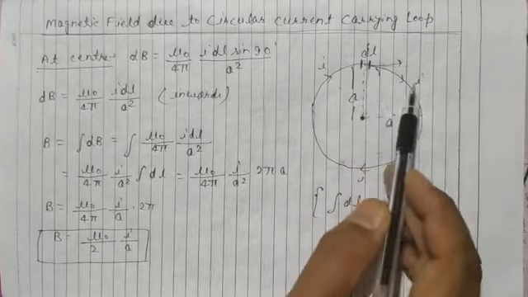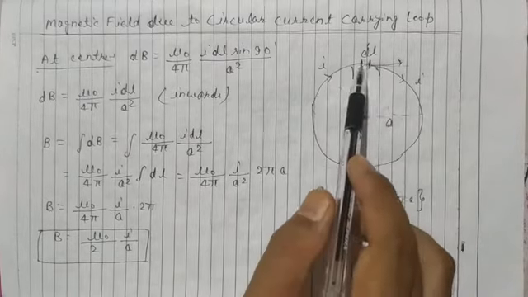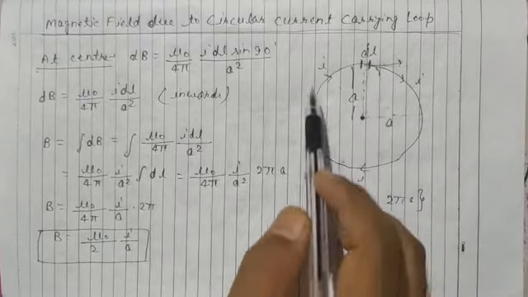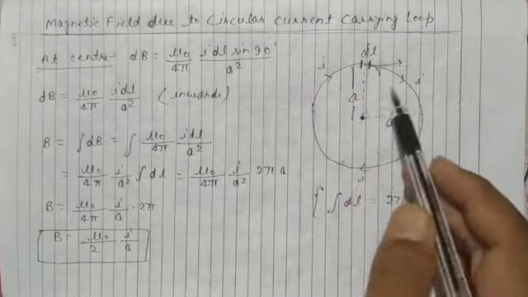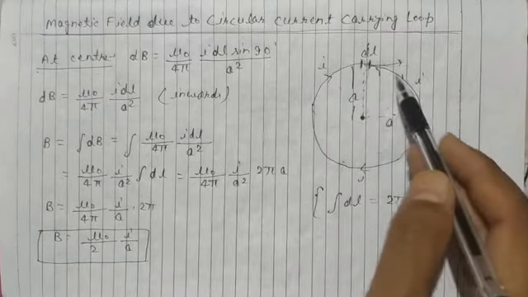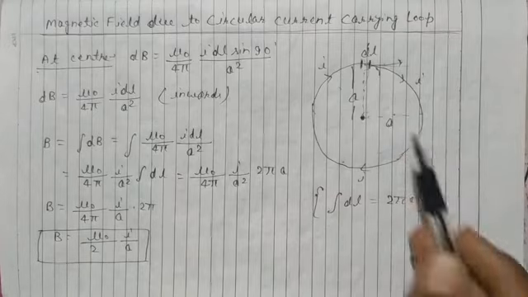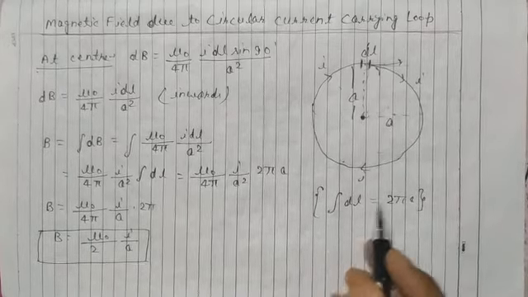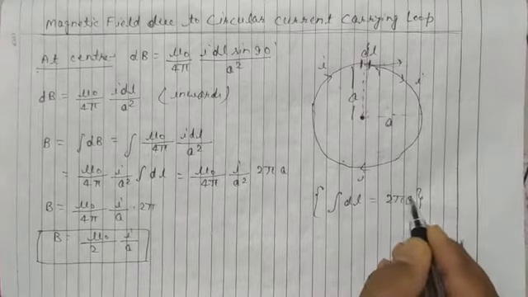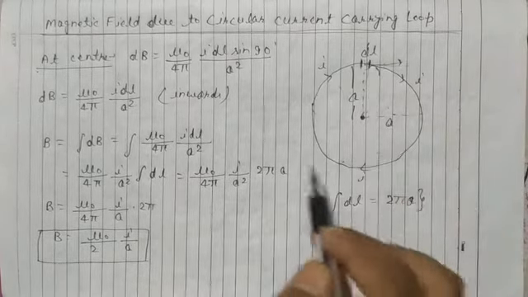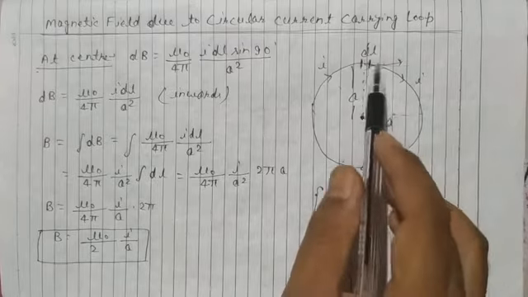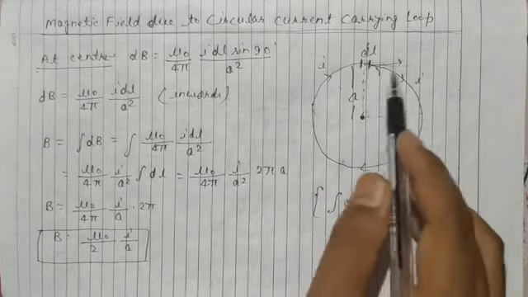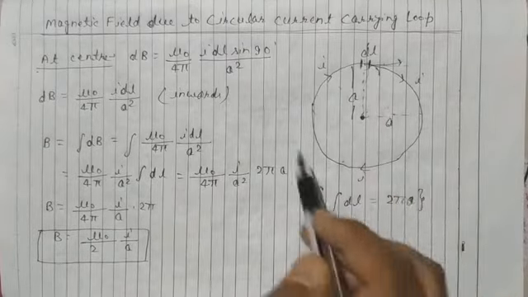The sum of small dl means the length of this complete loop, and this is a circle, so the length of the complete circle is the circumference of this circle. So we can write the integration of dl is equal to 2 pi a, the circumference of this circle.